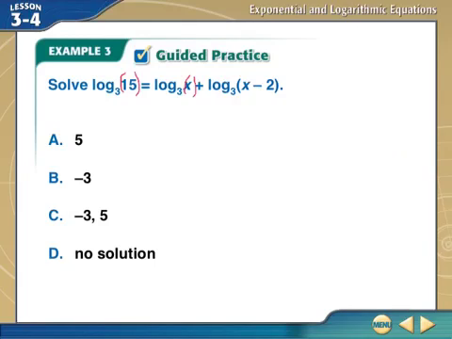You have 4 choices. A is 5, B is negative 3, C is x could be negative 3 or 5, and D is no solution. So go ahead and work out this problem and find your solution and submit your answer, either A, B, C, or D, when you are finished.